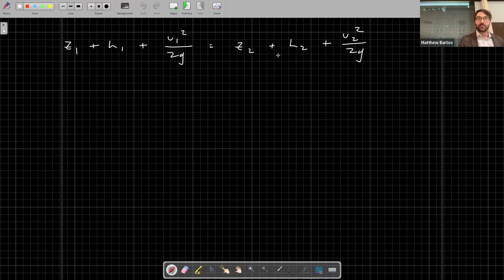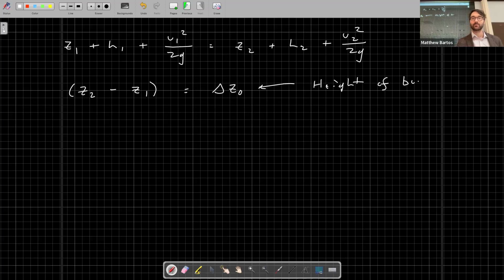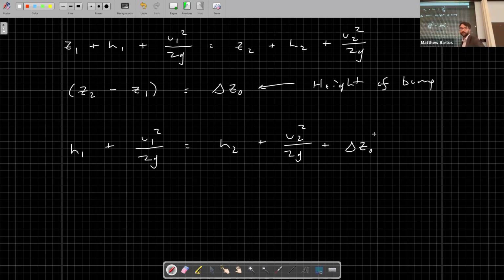You'll notice that Z2 minus Z1 will be equal to the height of the bump. So we can rewrite our energy equation as H1 plus U1 squared over 2G is equal to H2 plus U2 squared over 2G plus delta Z naught.